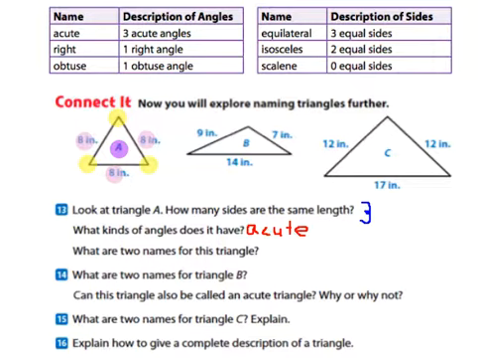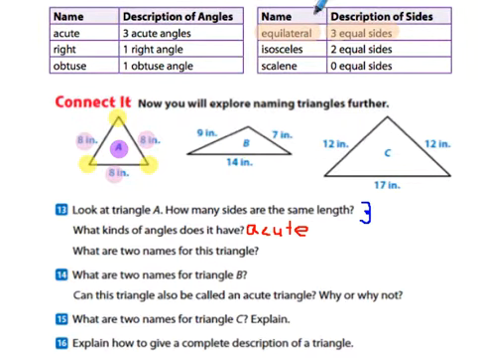We said that all 3 sides of the triangle are the same length, so all 3 sides are equal. If all 3 sides are equal, it's an equilateral triangle.